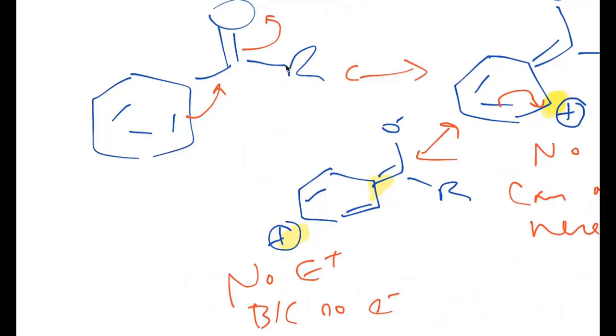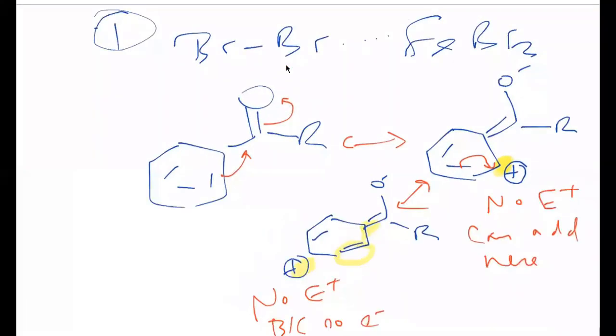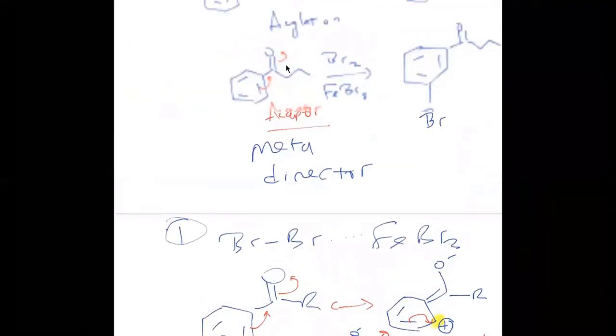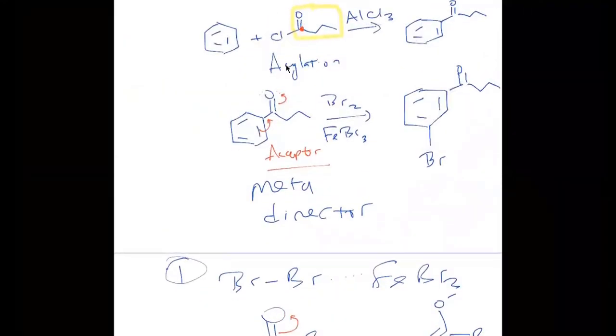But if you notice, at the meta position you actually do have that pi bond that can be used as a pair of electrons. Does that make sense? So does that clear up why it only adds at the meta position, or do you still want to see the mechanism? Oh no, that cleared it up.